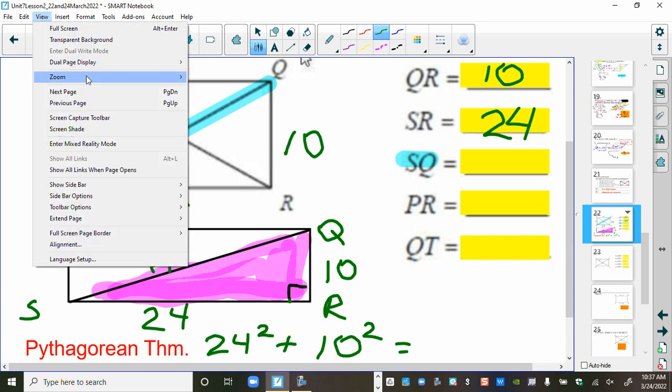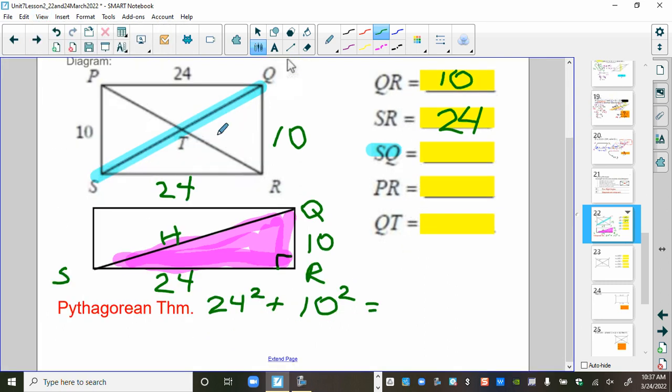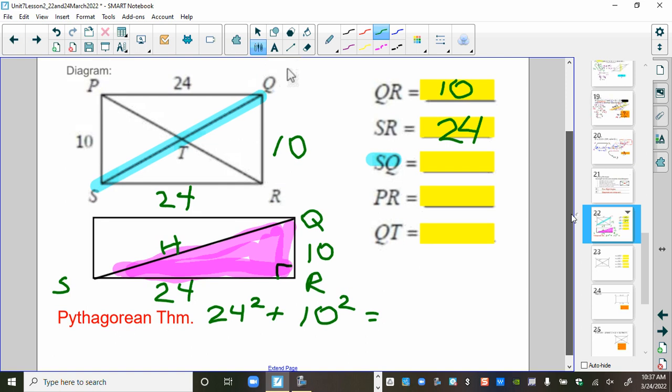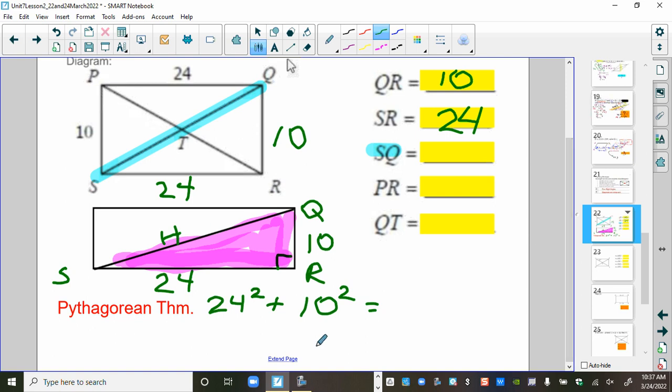Okay, we're going to have to zoom out a little. You have to square them. So you have to take 24 squared and then 10 squared. So what's 24 squared? What's 24 times 24?